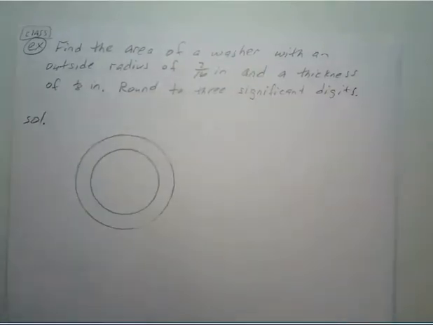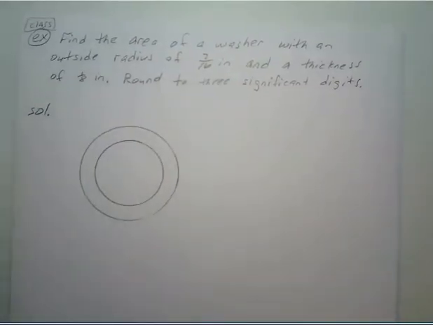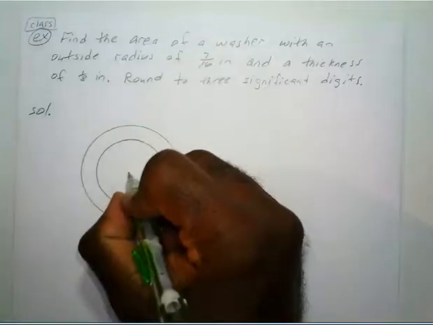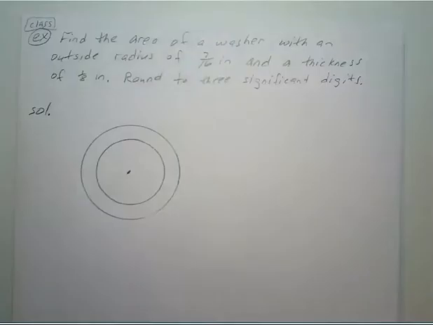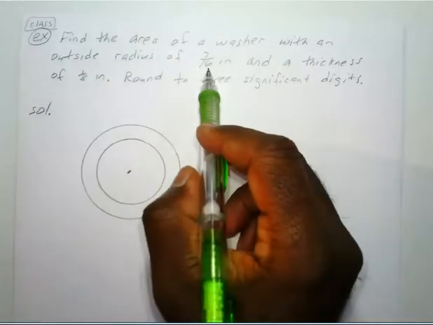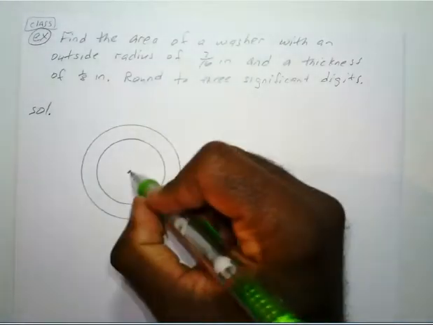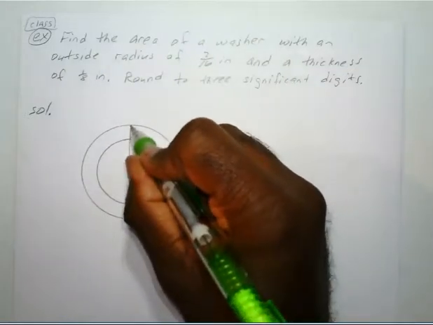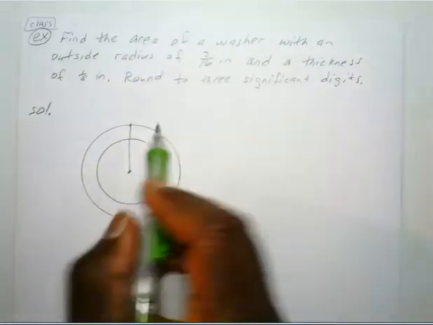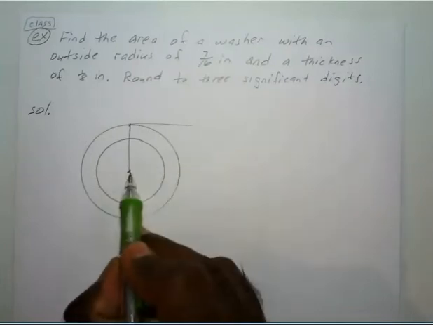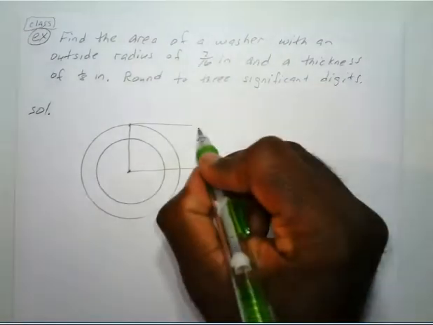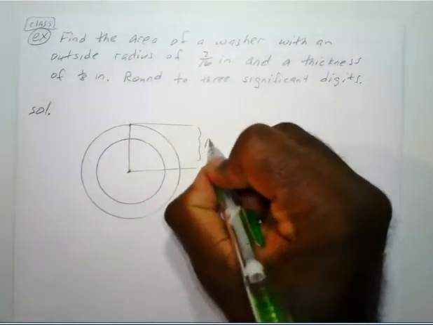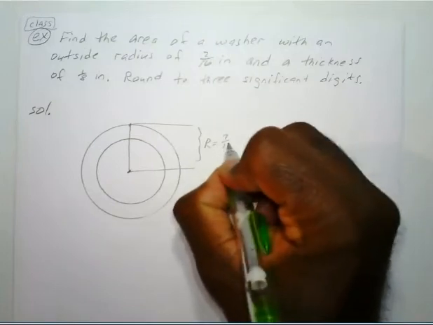That should have been a little bit smaller, but that's good. Okay, so let's say this is our center. We know our outside radius is 7/16 of an inch, so from here to here is our outside radius. So we know that our outside radius equals 7/16.